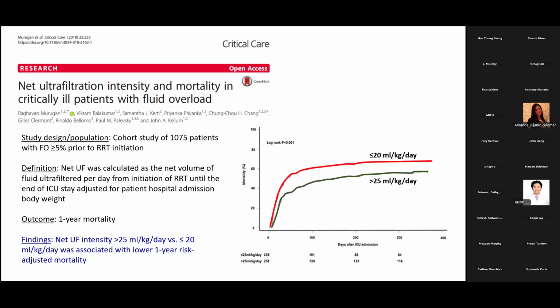But the study interestingly showed that if a patient has indications of fluid removal, let's say in this case, selected with a fluid overload of 5% or more at RRT initiation, and the patient tolerates more fluid removal, more than 25 mLs per kg per day versus less than or equal to 20, there is an improvement in mortality, right? So not surprising, because if the patient has fluid overload and we can remove more fluid, we are not surprised these patients did better when evaluated with the 1 year mortality outcome.